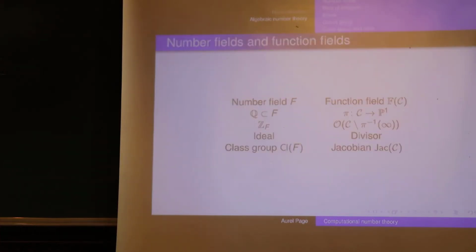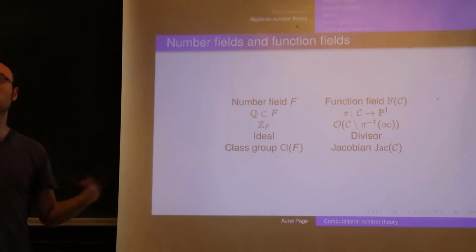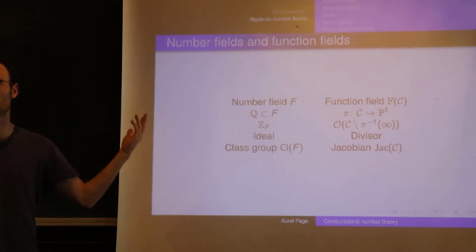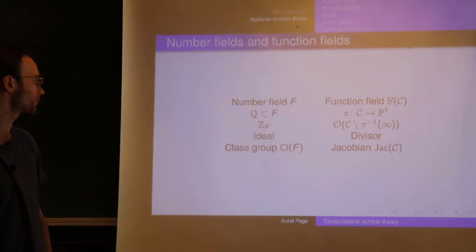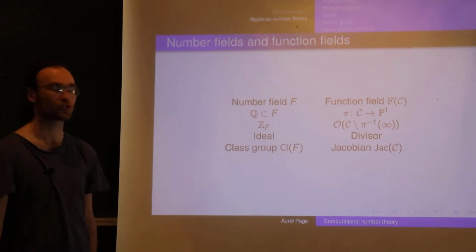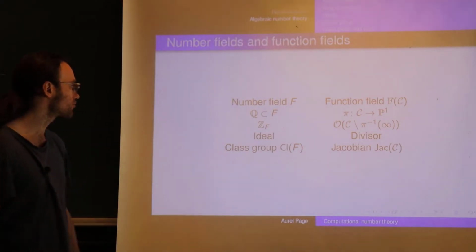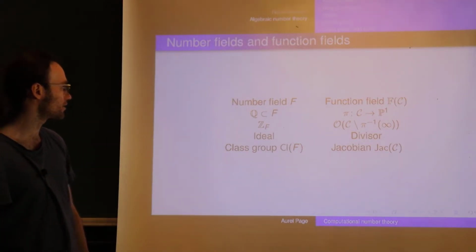So maybe to start with, we're going to talk about number fields, but maybe some of you like better to think geometrically in terms of function fields. So I just want to give a quick analogy if you find that more convenient, if you're more used to thinking about function fields and curves than number fields.